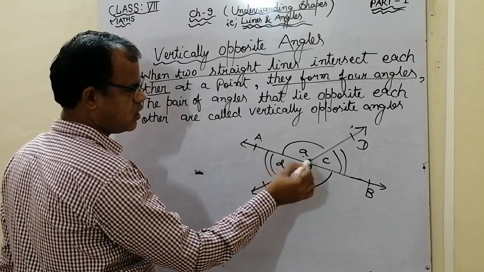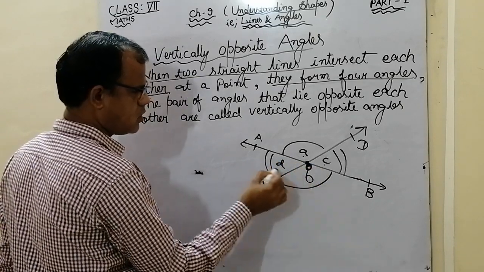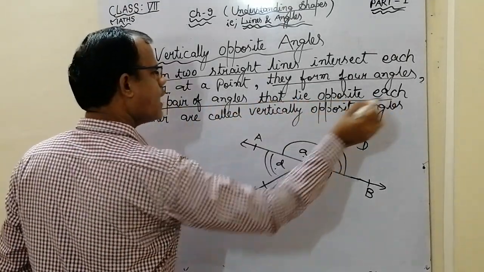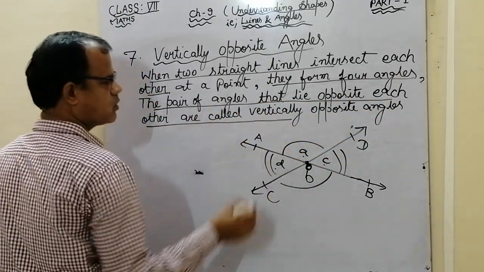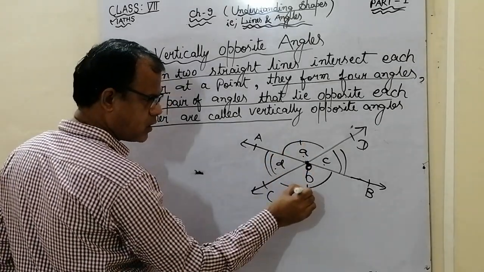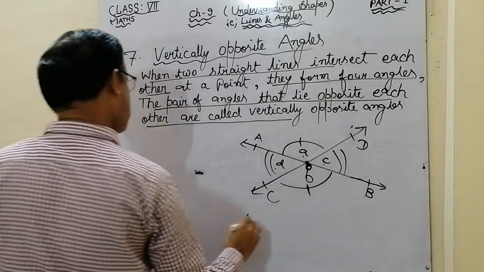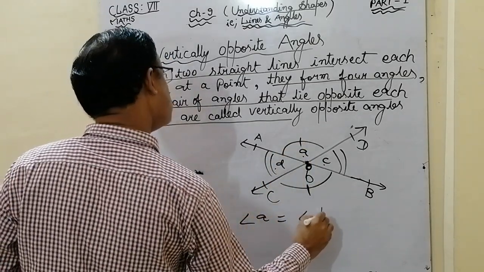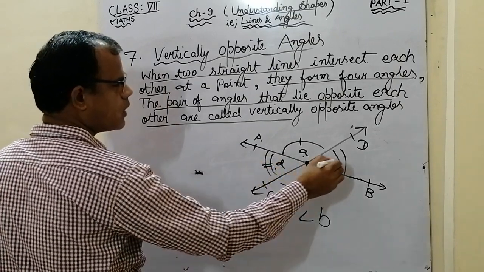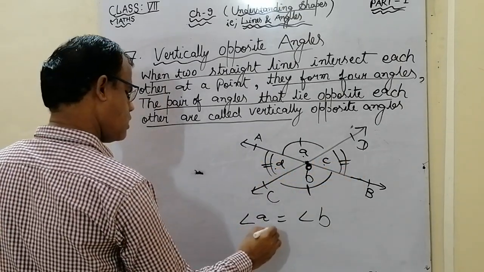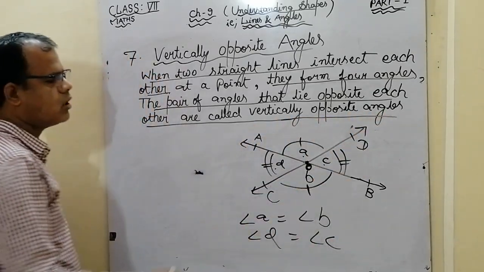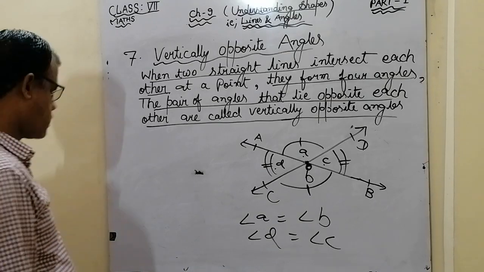The pairs of angles that lie opposite each other: angle A, opposite of angle A is angle B. So angle A equals angle B, and angle D, opposite of angle D is angle C. So angle D equals angle C, and they are called vertically opposite angles.